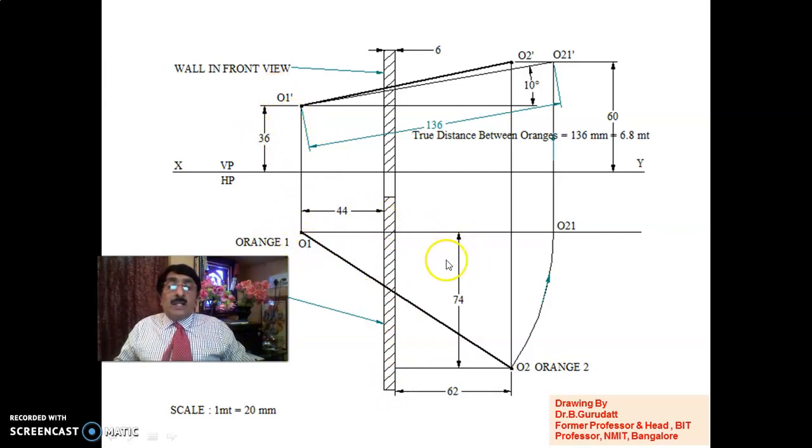Then take 74 mm, then O2, 62, O2 dash, 60. Once you do that, join O1 dash O2 dash, join O1 and O2, rotate this and get the true length as O1 dash O2 dash. Measure this; the true distance between the oranges will be 136 mm, almost equal to 6.8 meters, and measure the slope angle also.